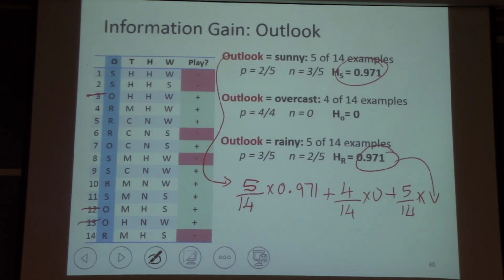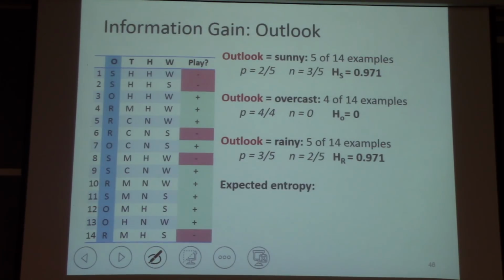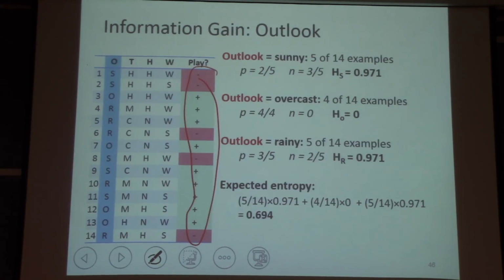So I'm calculating the expected entropy of the data that's left behind. Okay? And conveniently I have it on the slide, so the expected entropy is some number, doesn't matter what, and the information gain is defined as the entropy of the entire data set, which is the entropy of this set of labels, minus the expected entropy. So that gives us an information gain for this feature.